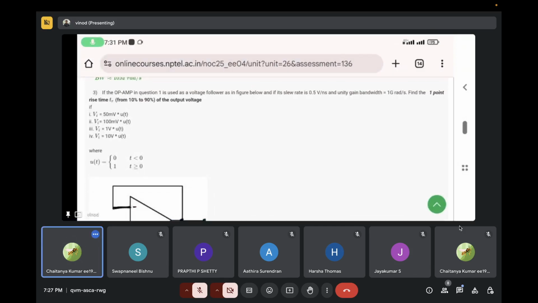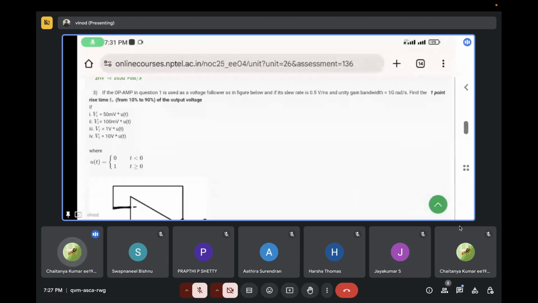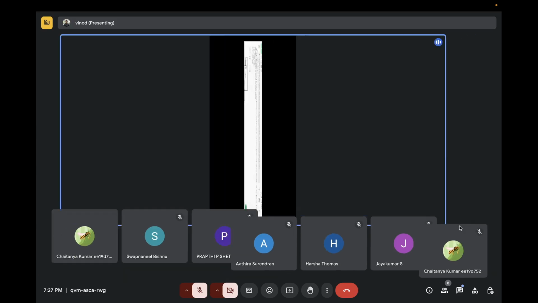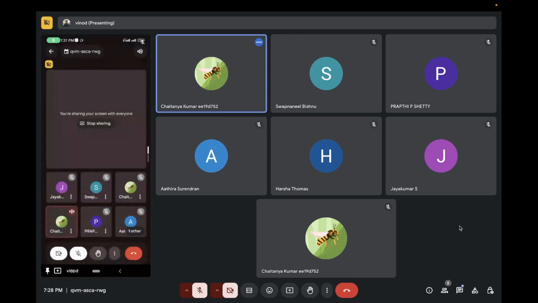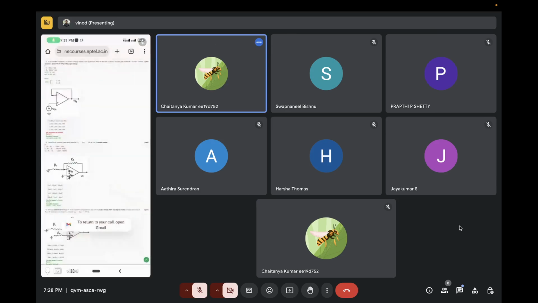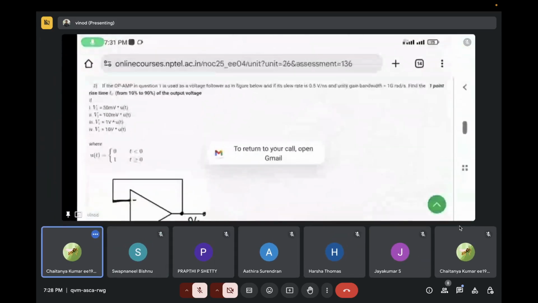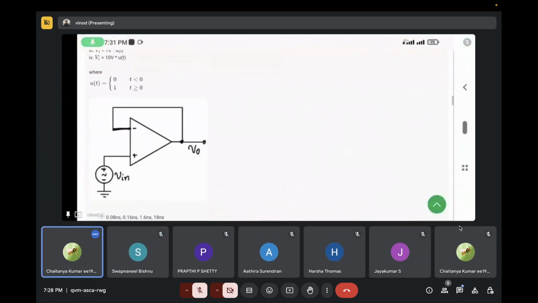Just a minute. Now scroll down. No, no, keep the phone at 90 degrees only.